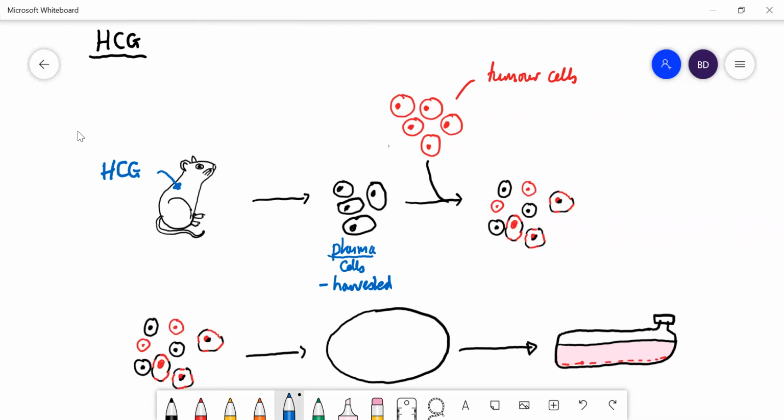They'll maybe divide once or twice, but then they'll stop. Tumor cells will carry on dividing forever, and you want to produce a cell which will carry on dividing forever. So that's why they get the tumor cells, and they mix the two cell types, and they add a chemical to allow the cell membranes to mix together. Some of these cells are called hybridomas.